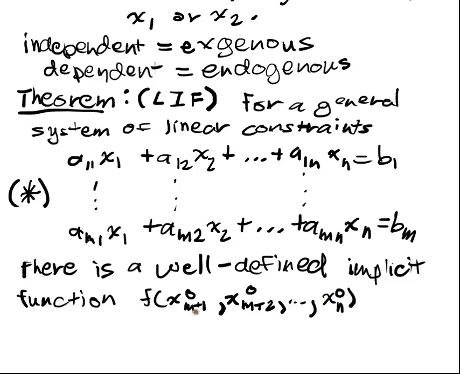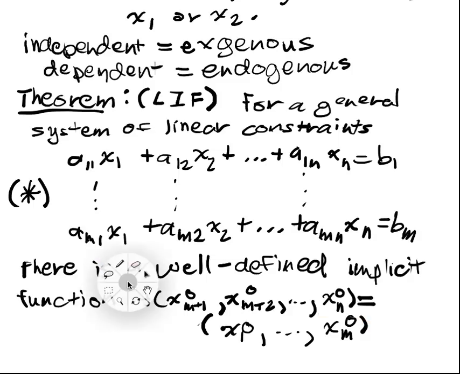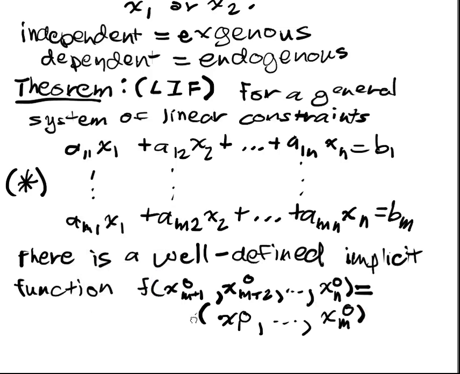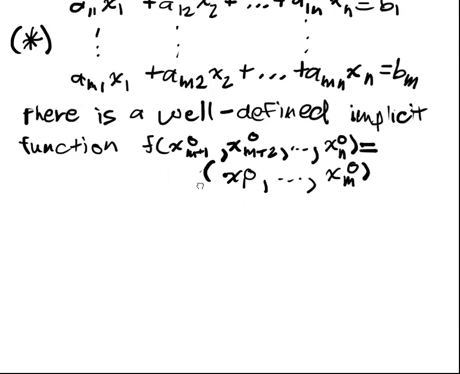So these are my input variables, or exogenous variables. And on the other side, I'm going to get out x1 naught all the way up to xm naught. So this is my implicit function. So the x1 through xm are my endogenous variables for the system.